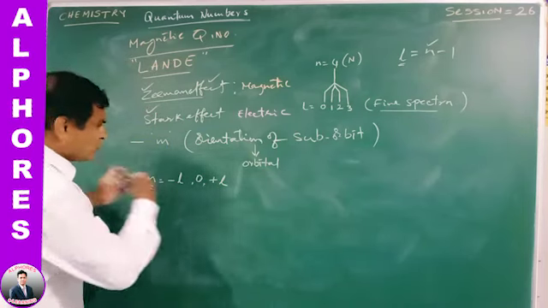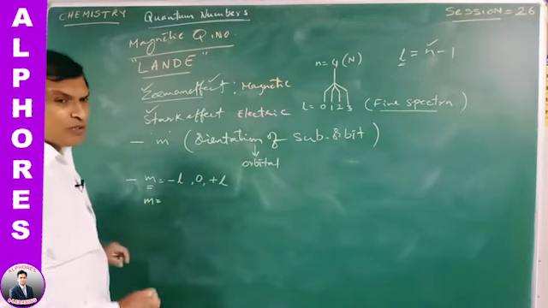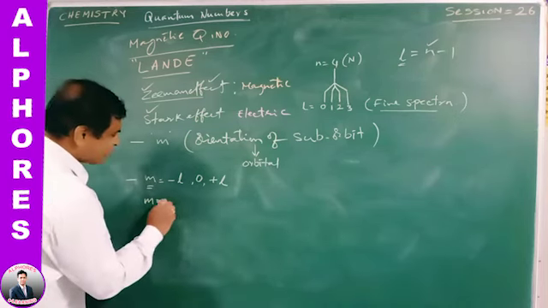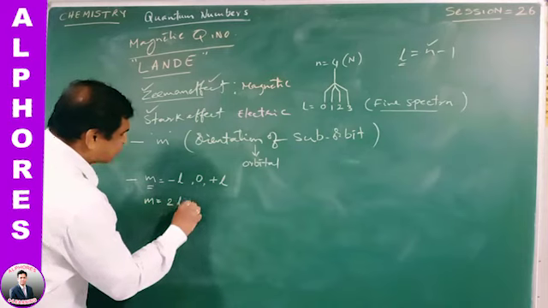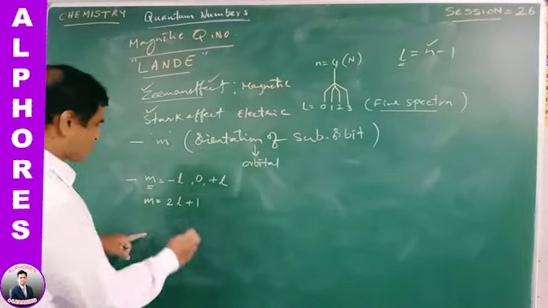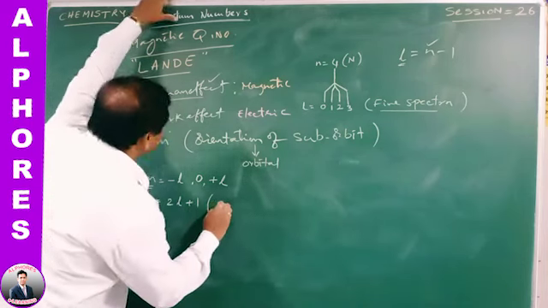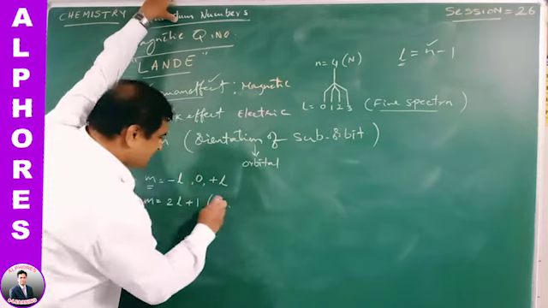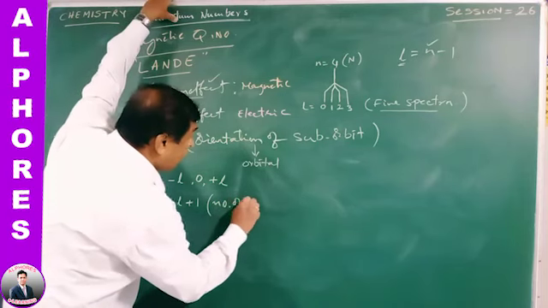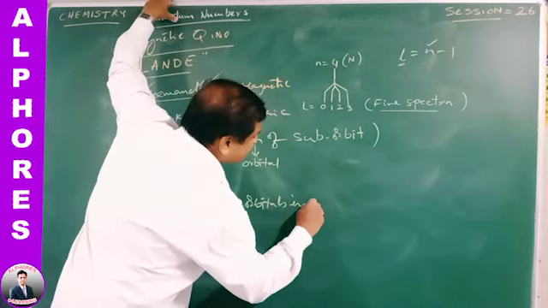So in total, how many orientation values exist? m has a total of 2L plus 1 values. This represents the number of orbitals in a subshell.